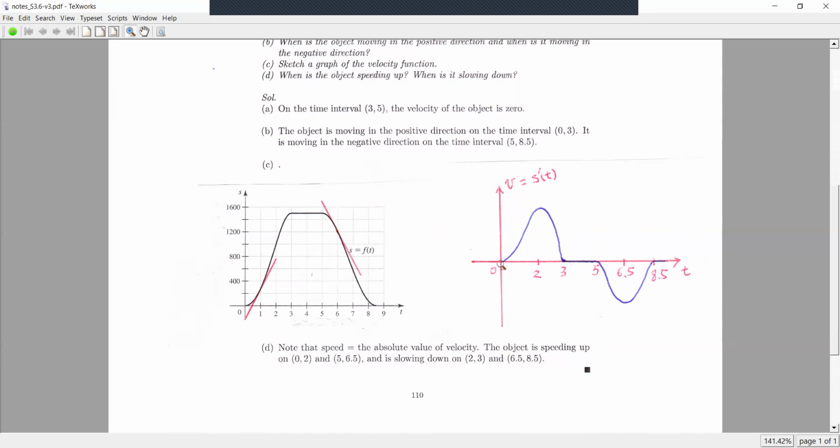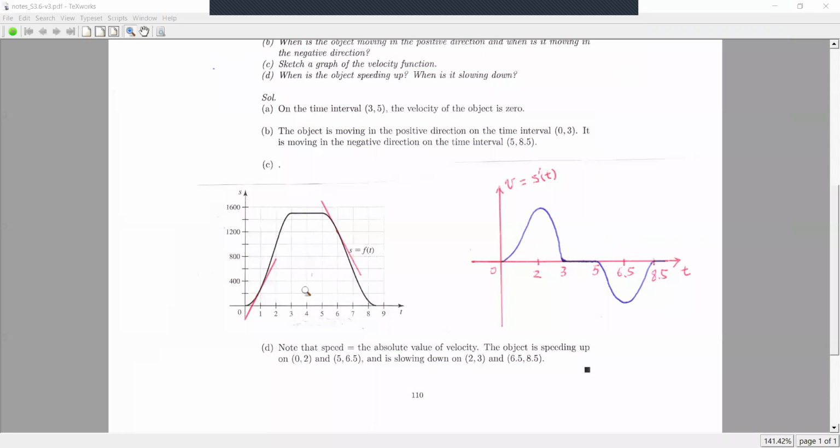Then as t is increasing, the curve is increasing and reaches the top at about 2. Beyond 2, the curve starts decreasing to 0 at time 3.